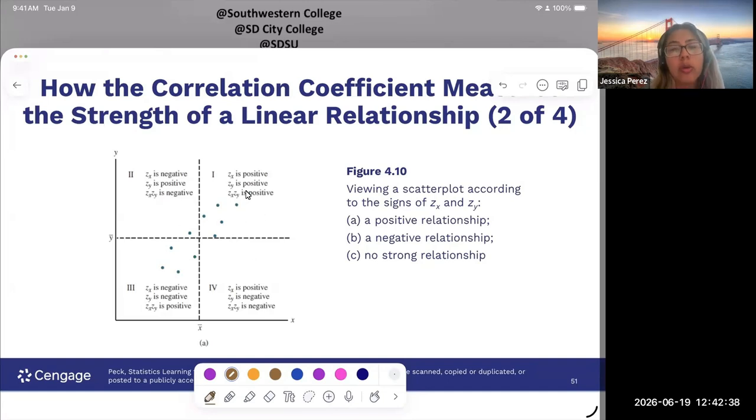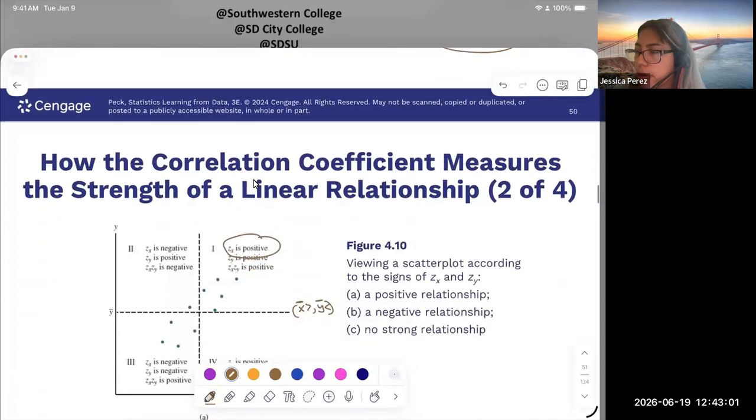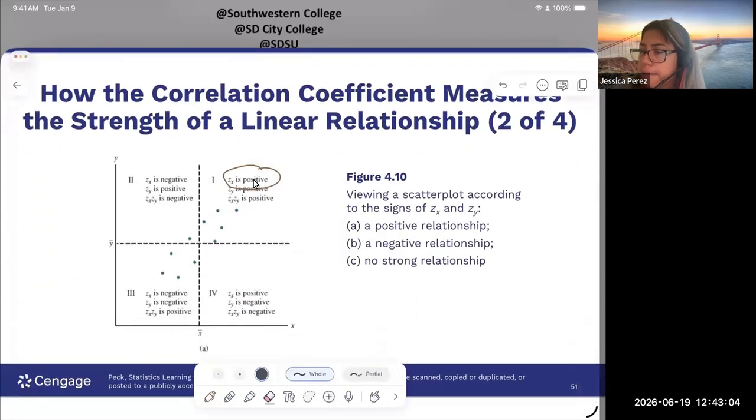In this region, z of x is positive because x is above x bar, so x is greater than x bar. Here z of y is negative, so y is less than y bar.